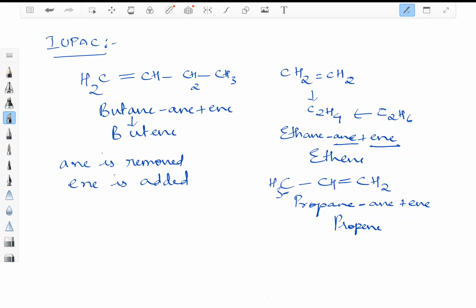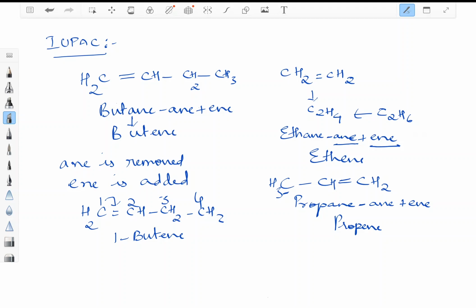Now, in the structure we have written just now, there is CH2, double bond CH, single bond CH2, CH3. I'm going to number from this side because the double bond should get the least possible number: 1, 2, 3, 4. So the position is 1, butene.